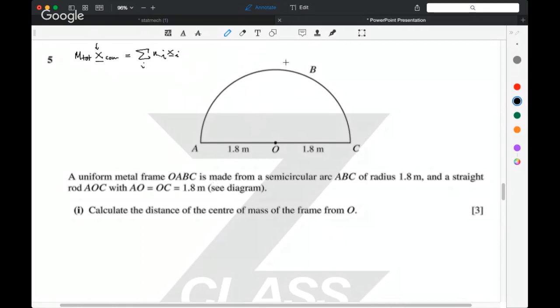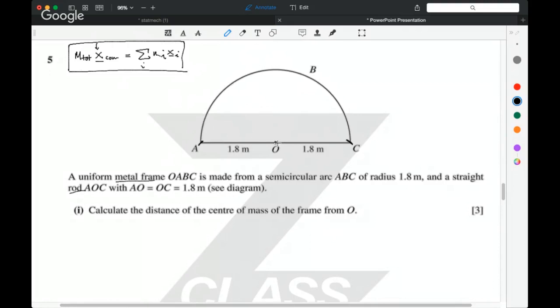Well, let's look at what we have. We can take some complicated object and divide it into bits. They've already said that it's a metal frame plus a rod. So we have this arc of metal and this rod, and we can take their individual centers of mass and use this formula to work out where the center of mass of the entire object is.